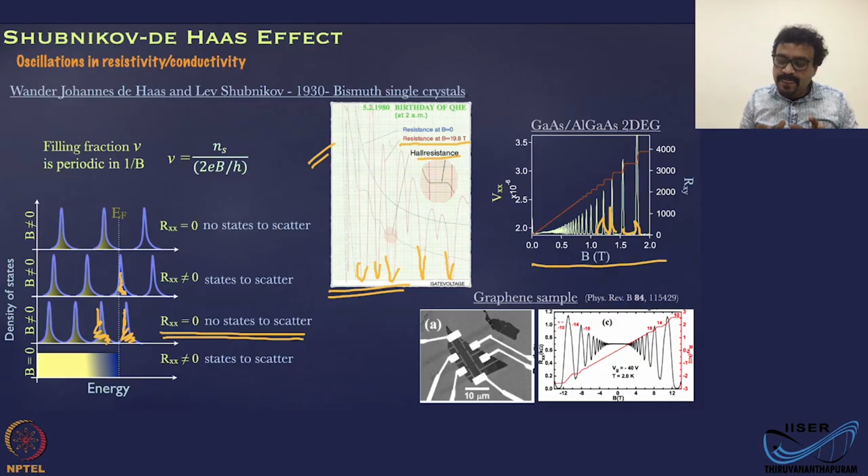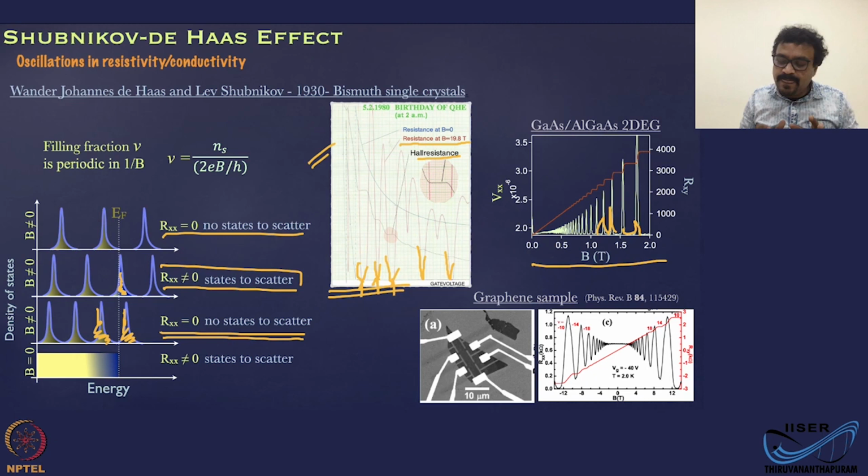Okay. Now again, no states, no resistance. Here you have states for the electrons to backscatter, then you have resistance. So all these dips of negligible resistance, actually it should be 0.